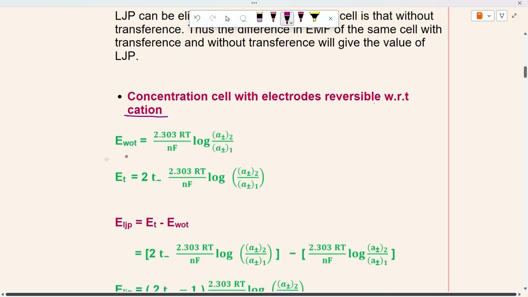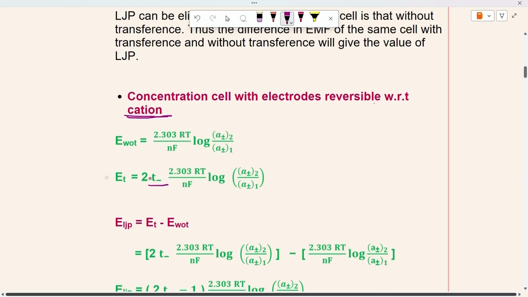Now, the Nernst equation for the cell without transference, which we have seen in the previous sessions, is E = 2.303 RT/nF log (mean ionic activity of solution 2 divided by mean ionic activity of solution 1), okay, while with transference, E_T = 2t_minus. Just note the point that t_minus is the transference number of the anion when we have a cell with electrodes reversible with respect to cation.